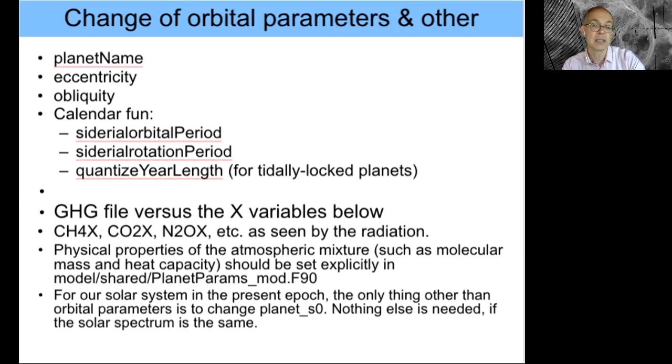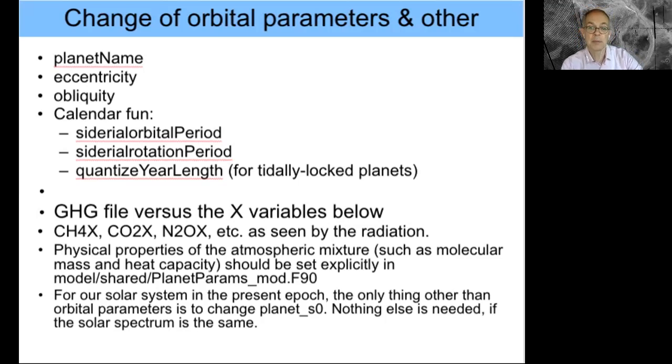So that includes things like CH4, CO2, N2O, and also some other man-made greenhouse gases. So you can look at that file in your run deck. If you go to one of the two run decks that you've already hopefully built and looked at, if you look at the GHG file, you'll see where the path is, and you can look at that file and you can see how it's formatted and what the different greenhouse gases are that you can put in there.